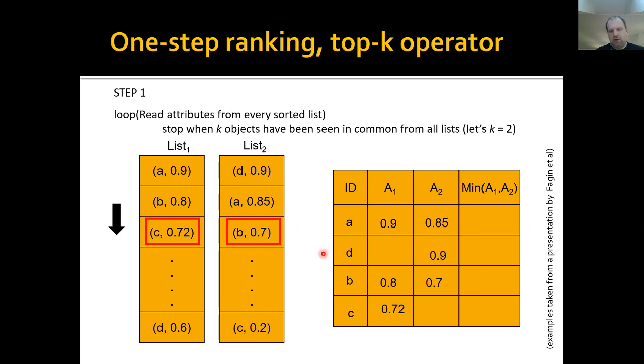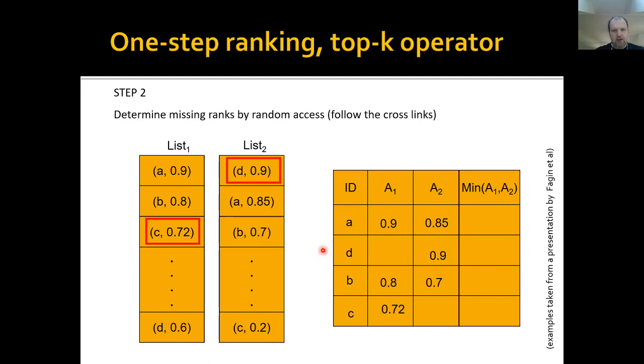Now the second step comes into play, when we need to determine the remaining scores for the incomplete entries like D and C. That's how we use the random access. For D we get 0.6 and for C we get 0.2.